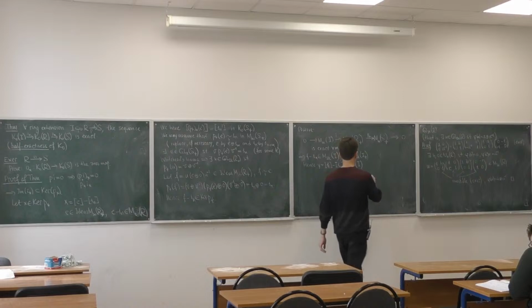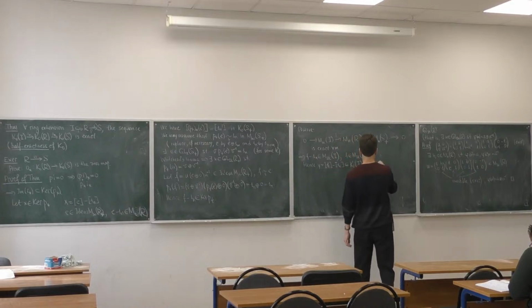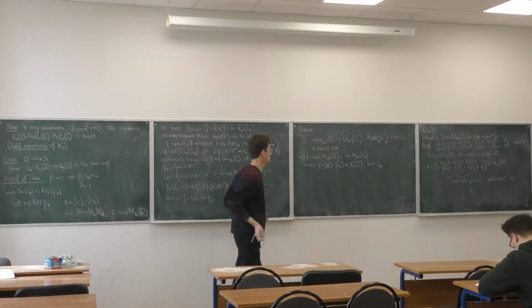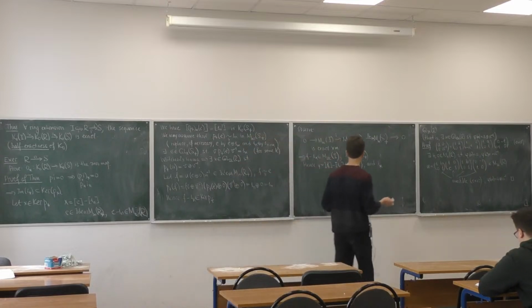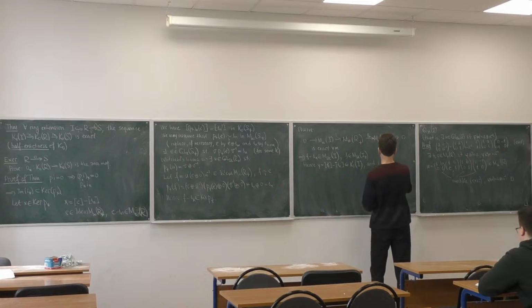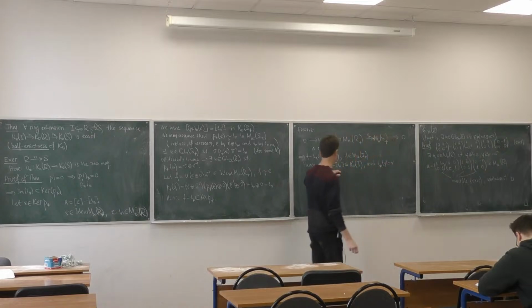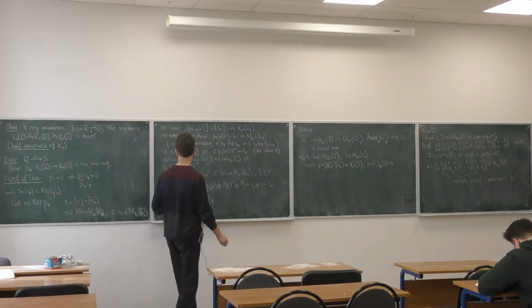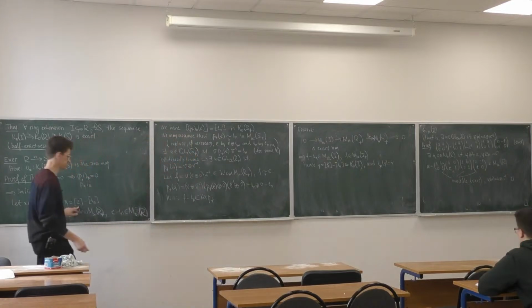And after we apply the map I star induced by the inclusion of I into R, we see that it takes Y to X. Just compare this expression and this one.